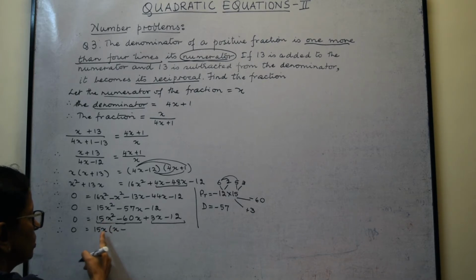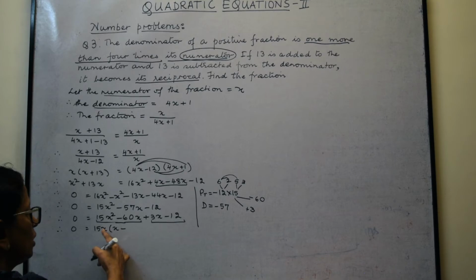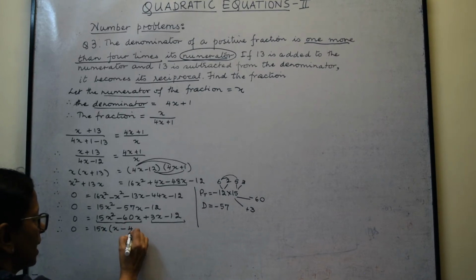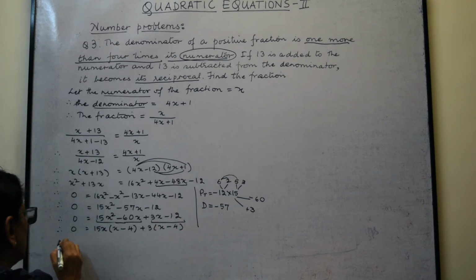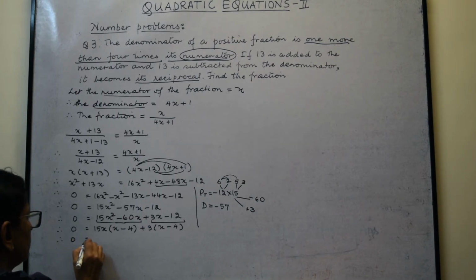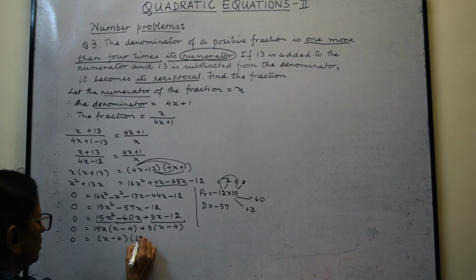From here 15x is gone, only x remains, and minus 15 into 4 gives you 60, so you will have minus 4 remaining, x is already out. Plus here you will have 3 as common and you'll have x minus 4. And therefore you'll have 0 equal to x minus 4 into 15x plus 3.